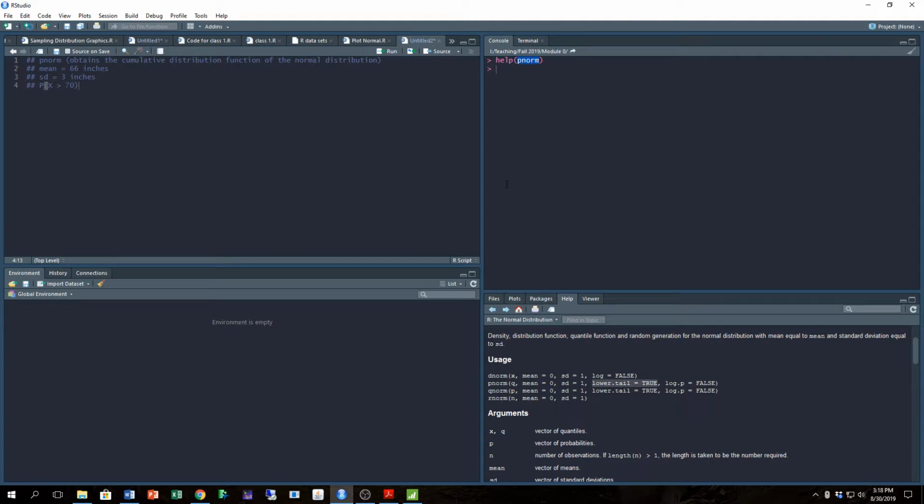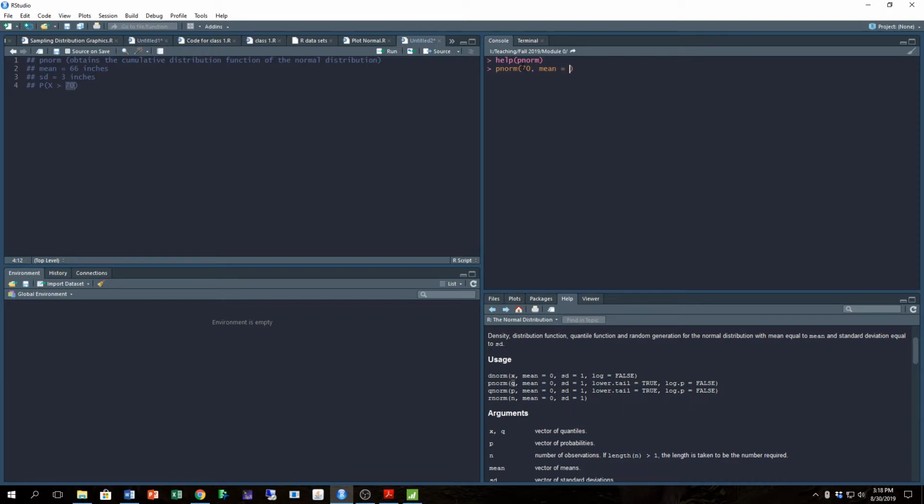Now, as I said, the pnorm function gives you the cumulative distribution function, which means the proportion of observations that are less than or equal to 70. So if we do pnorm, the next thing that we need is q, which is 70, the number we are interested in.